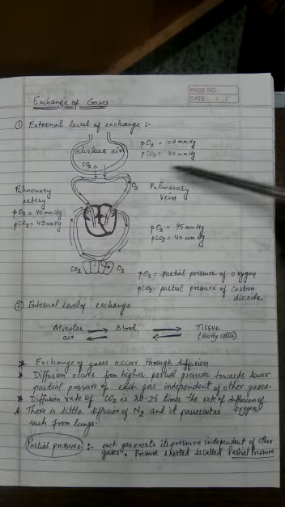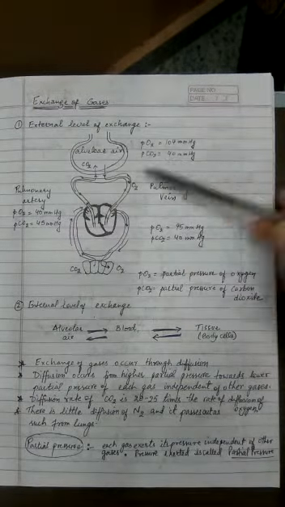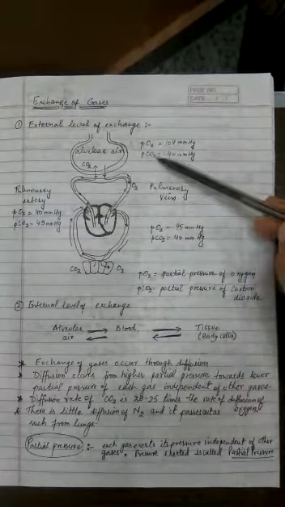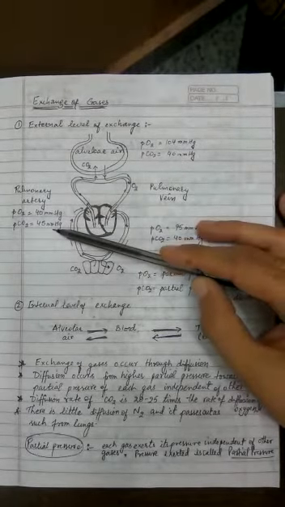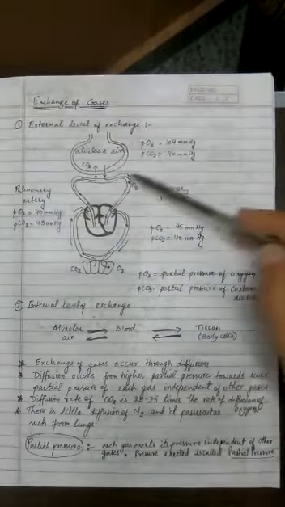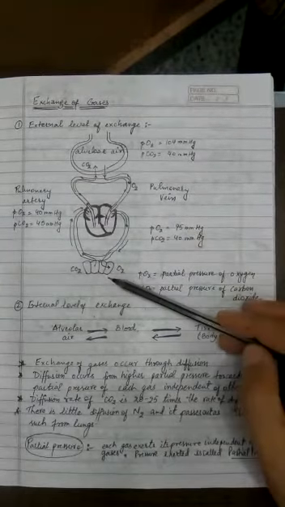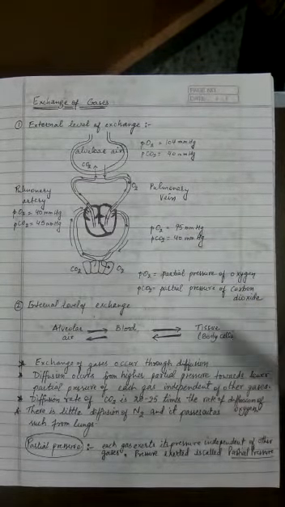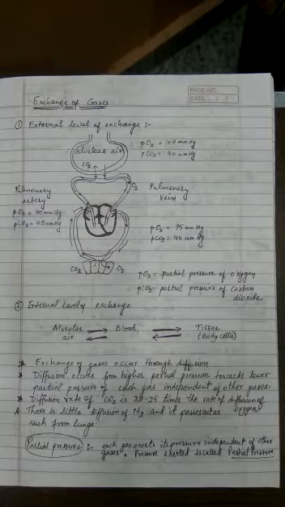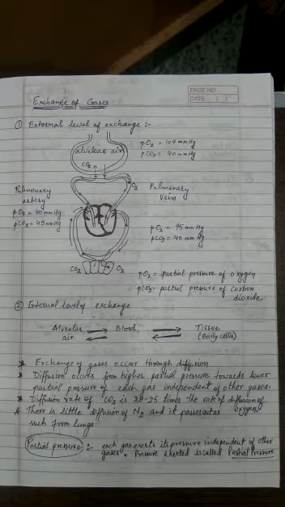This is the reason, though the difference between the partial pressures of carbon dioxide is very small, you can see 45, 40, then again 40, and again 45 here. This 5 mmHg difference is quite sufficient for exchange of carbon dioxide, because its diffusion rate is 20 to 25 times faster than that of oxygen.